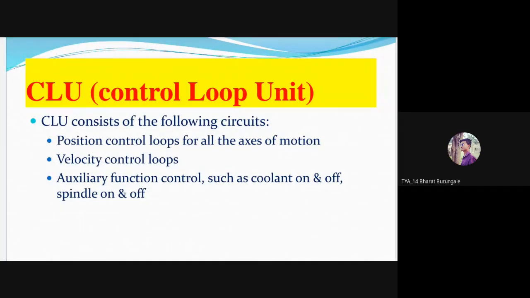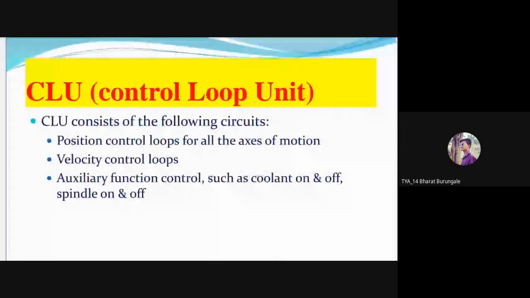A velocity control loop: whatever the inputs, the velocity and speed of the machine, the feed rate and spindle rate, will be controlled by the CLU. Auxiliary functions control, such as coolant on, coolant off, spindle on, spindle off, will also be handled by the CLU, the control loop unit.